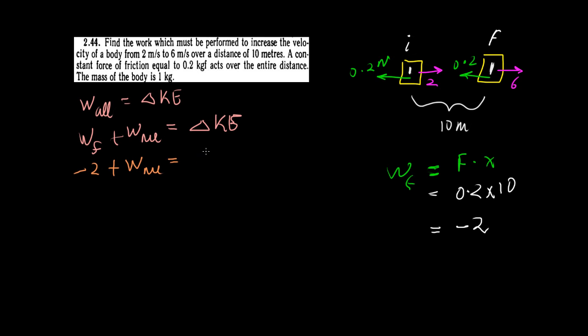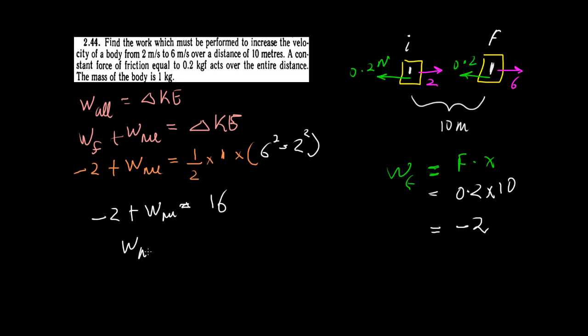So what is the change in kinetic energy? It is 1/2 times 1 times v final squared minus v initial squared, so that is 6 squared minus 2 squared. So I get negative 2 plus W_me is equal to 36 minus 4, which is 32, divided by 2 is 16, so work done by me will be equal to 18.